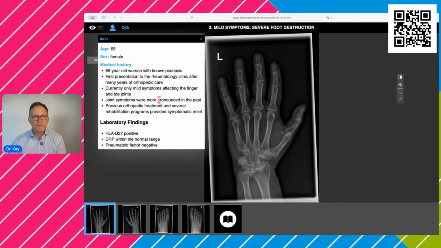Currently only mild symptoms, but still she's now seeking the advice of a rheumatologist. B27 is positive, as is frequently the case in psoriatic patients, but there's no elevated CRP and also no rheumatoid factor.